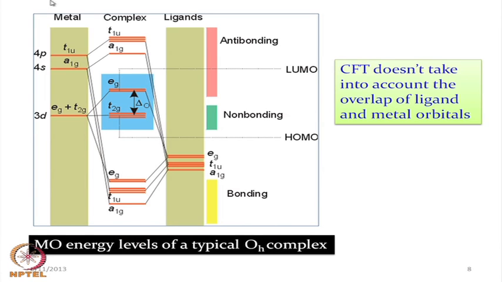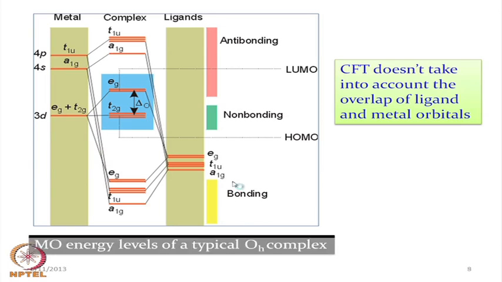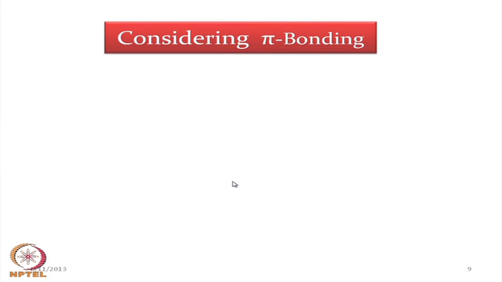This particular picture, the entire molecular orbital energy level diagram for a typical octahedral complex, can now explain the availability of these orbitals, how they interact with the ligand group orbitals, which are symmetry level, that is why they are also known as SGOs, the symmetry group orbitals, and how these energy levels are available for these different types of characters and properties.